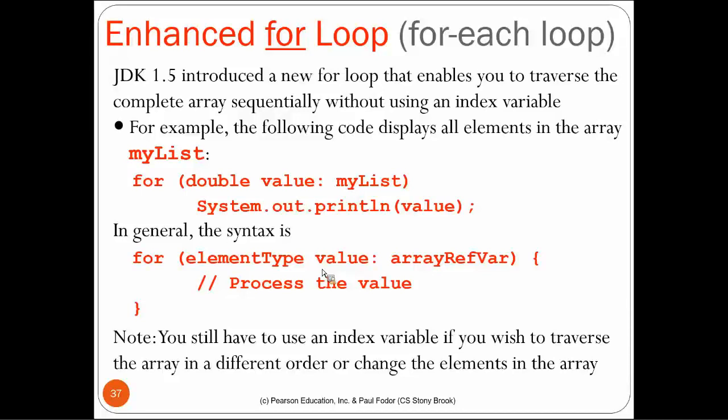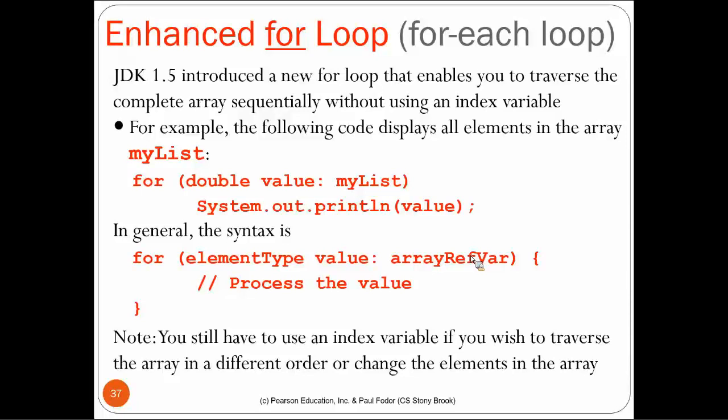Now, the way it works internally is that it iterates over the elements of the array. It copies every element value into the variable value. So we can use for each loops, for instance, with primitive type arrays, and use the value to compute expressions.